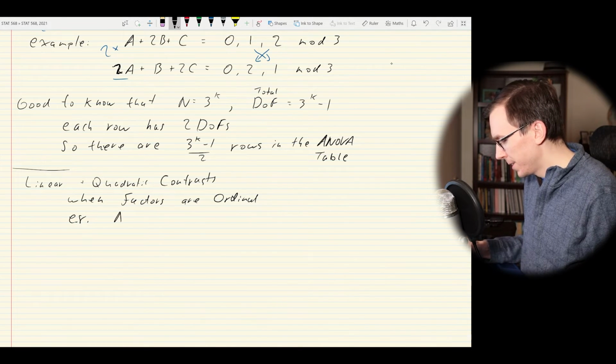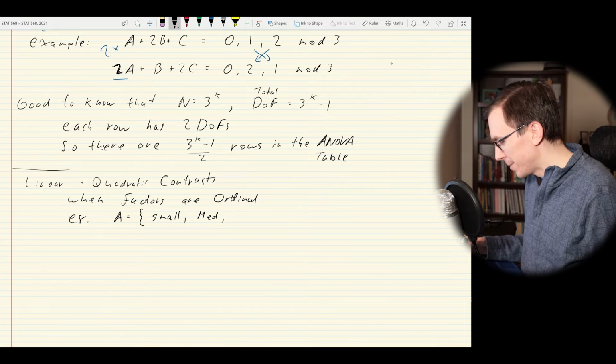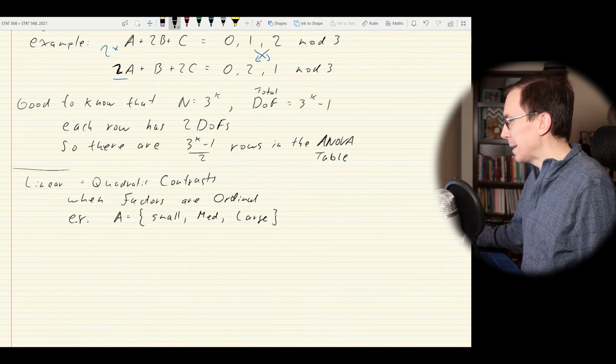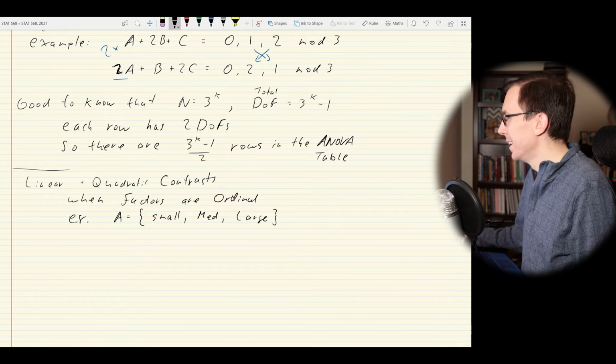For example, A takes on the values of small, medium, and large, or otherwise, low, medium, high, whatever you want to say.